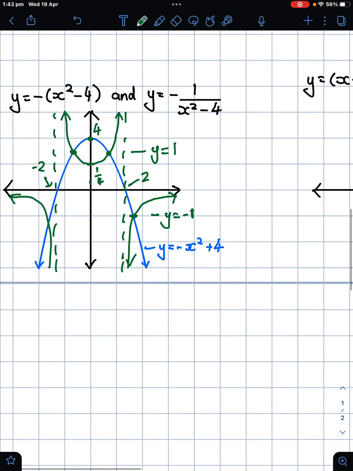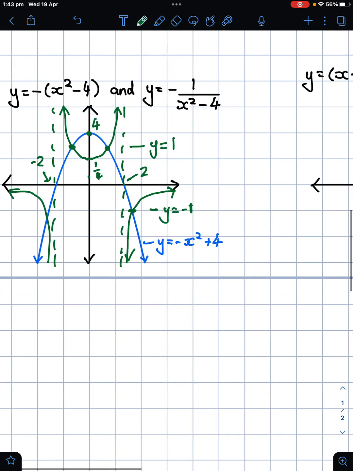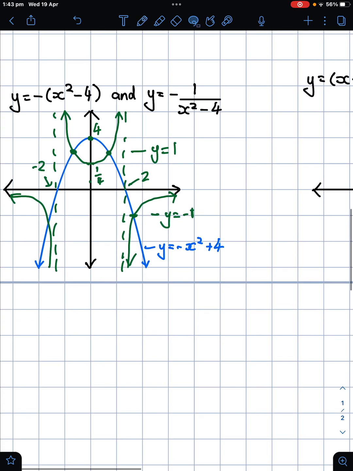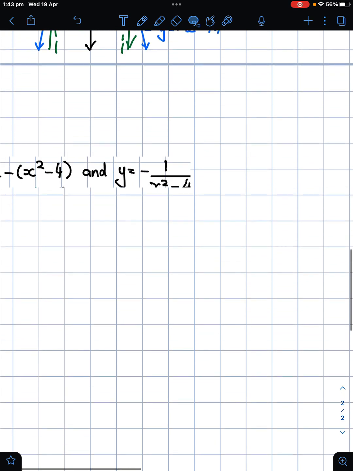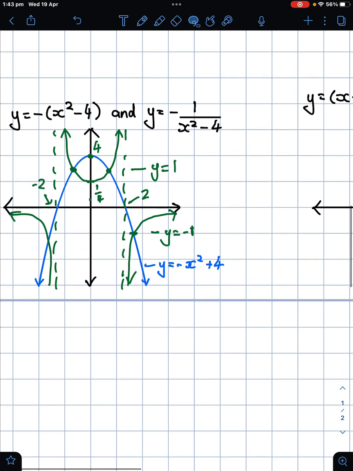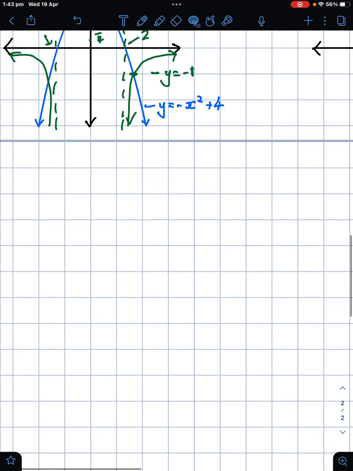So interesting that when the functions both equal each other, well, let's consider this for a minute. This is a bit of a tangent, so I'm going to just copy these. Let's just paste this down here. So we're looking at these functions.